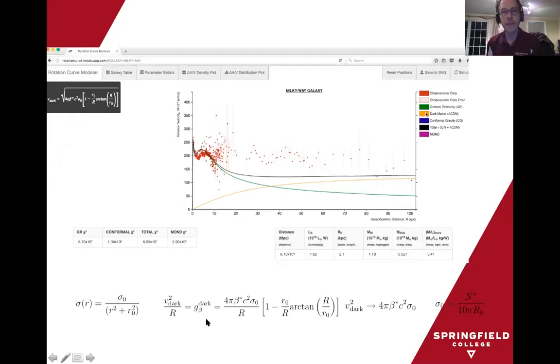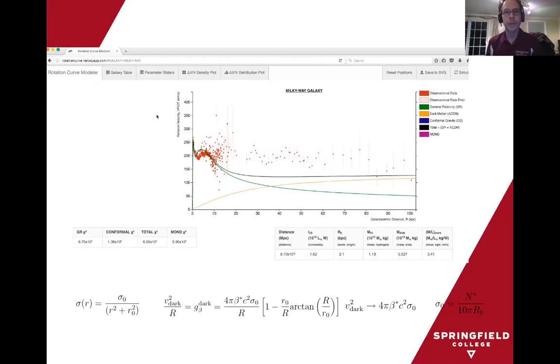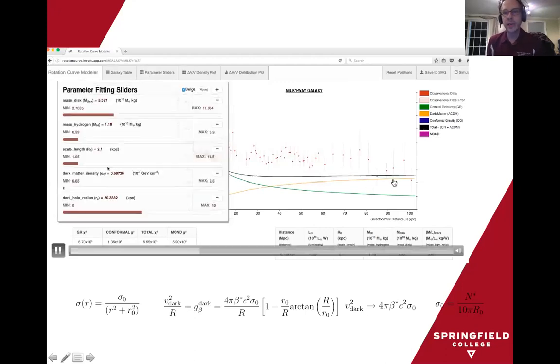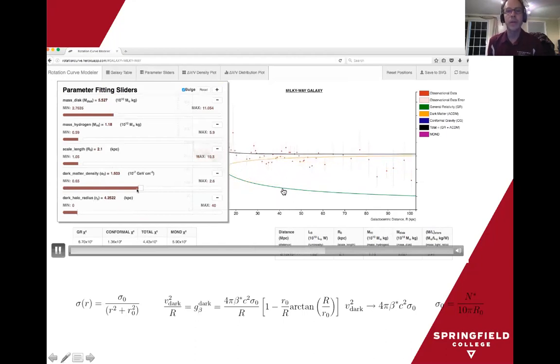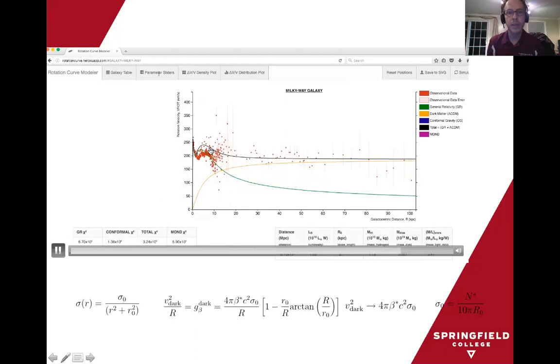If we look then for the Milky Way galaxy, this is one of the modelers that Robert Moss, one of my previous students, developed. We see here on the graph, the green is the Einstein-Newtonian general relativity prediction. The black is the net contribution from the dark matter, which is in orange, with the green. And if we adjust the dark matter density and the dark matter halo radius, we can eventually get the black line to be in pretty good agreement with the data, okay?